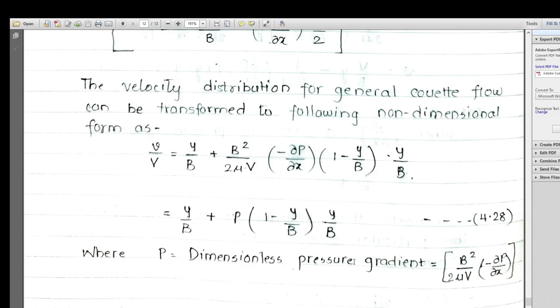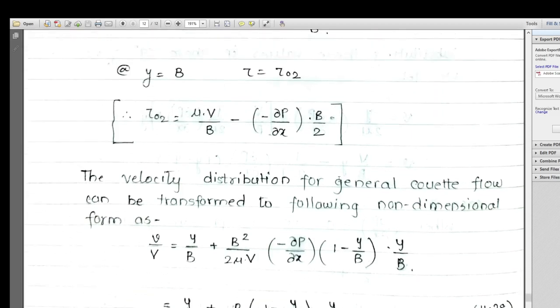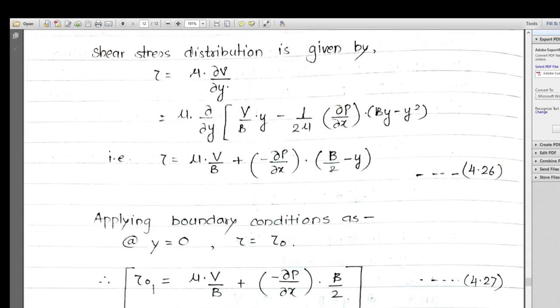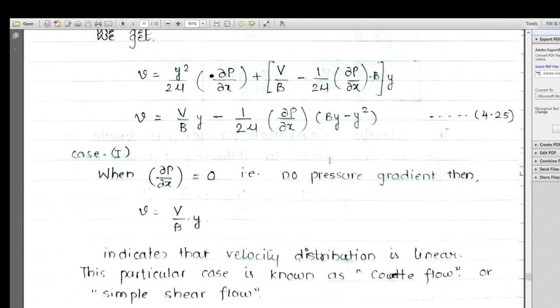The same figure will be there for the velocity distribution and the shear stress distribution across the section of two parallel plates. So these are the derivations for the two parallel plates and for the flow through the circular pipe.